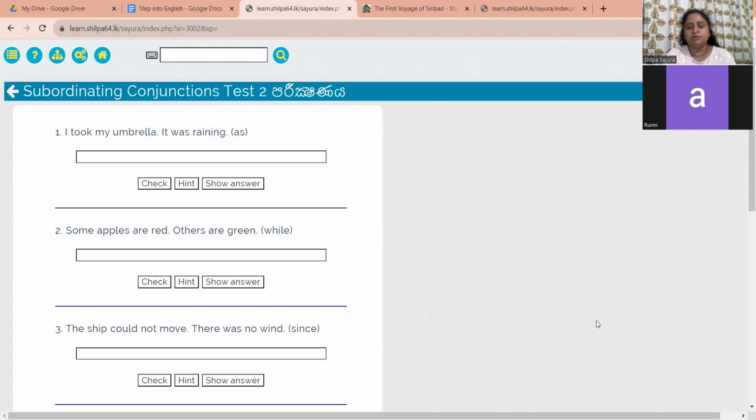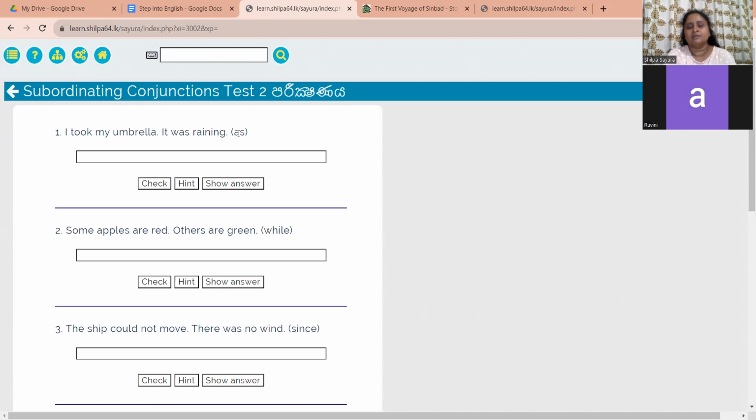Before the subordinate clause comes the subordinate conjunction. Yes. What is the answer? Because. No, dear. Here you have to use the subordinate conjunction given between the brackets.